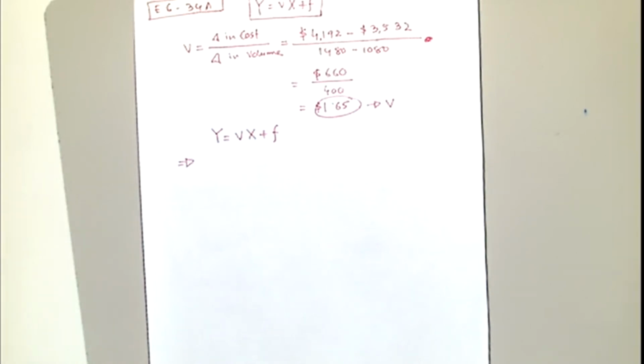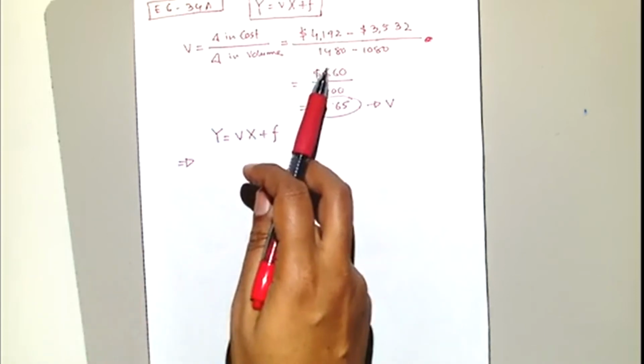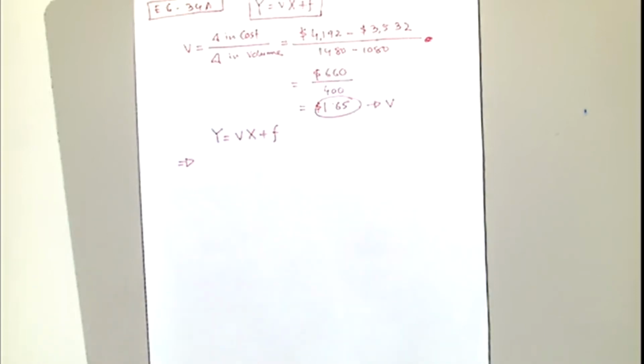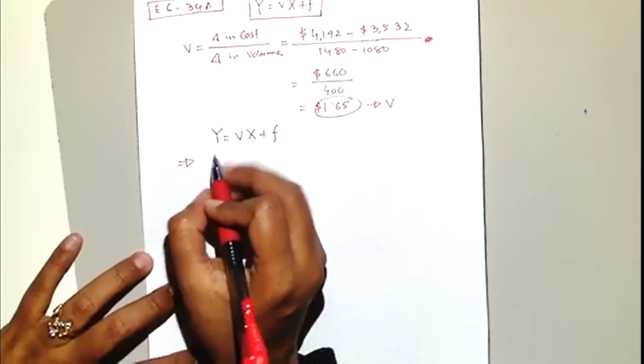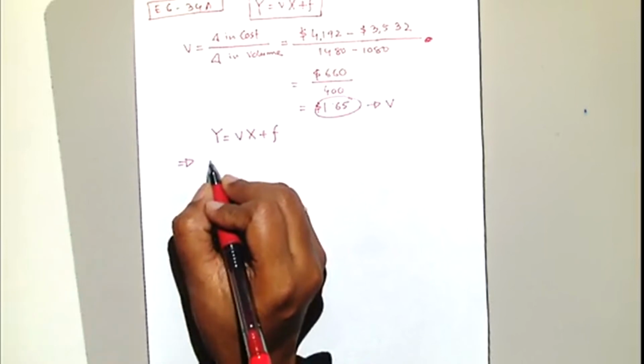Say, for example, if I want to take the highest point. Highest point of ours is 1480. That's our X. And for that 1480, which is in the month of June, our Y or total cost is 4192. So I'm taking the month of June. It seems that's the highest. You can pick any point. So Y is for June.